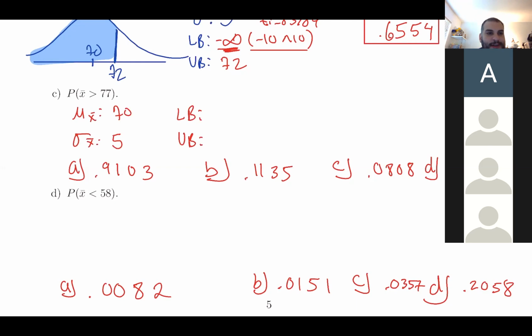I'm going to share the results. Everybody almost chose C, and the correct answer is C. For C, if you didn't get it correct, the lower bound should have been 77. The upper bound should have been positive infinity, or if you have the TI-83, it should be 10 to the 10 power.